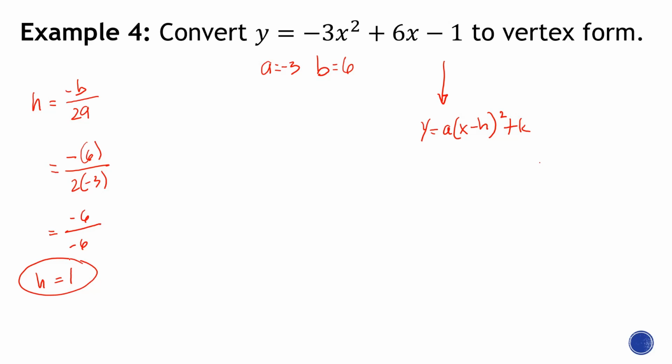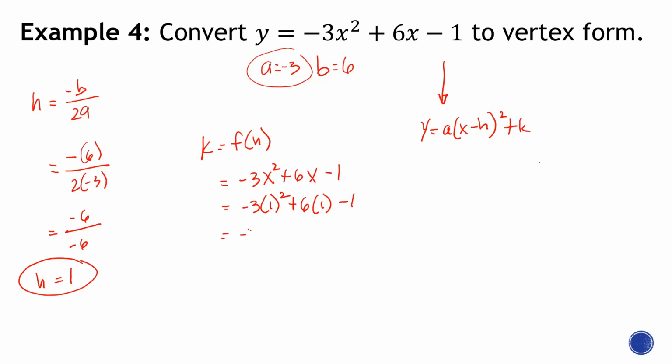So we have the a, the h, and then the k. So k is equal to f of h, meaning we will replace all the x's here by 1. So negative 3, 1 squared is 1, plus 6 minus 1 is negative 3, plus 6 minus 1, that's 3 minus 1, and that is equal to positive 2, which is our k.